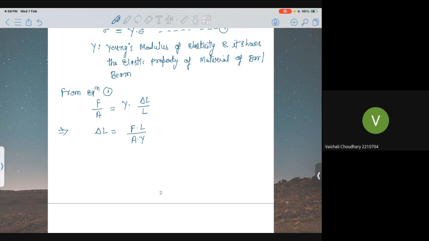Thus, delta L can be expansion or contraction.